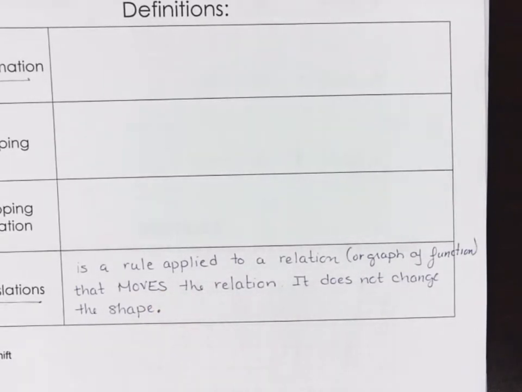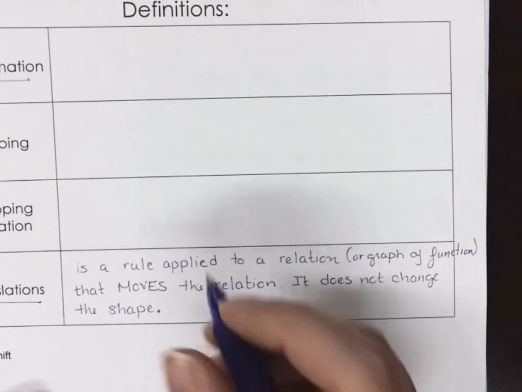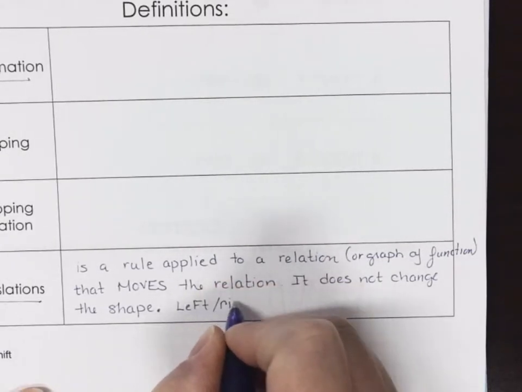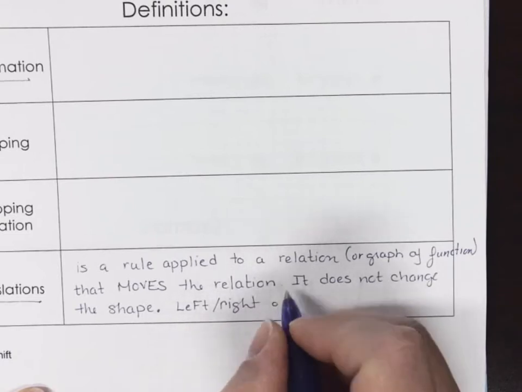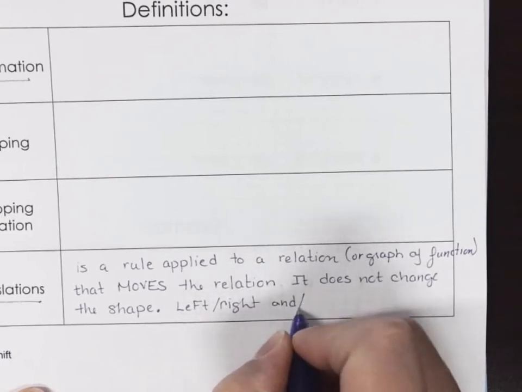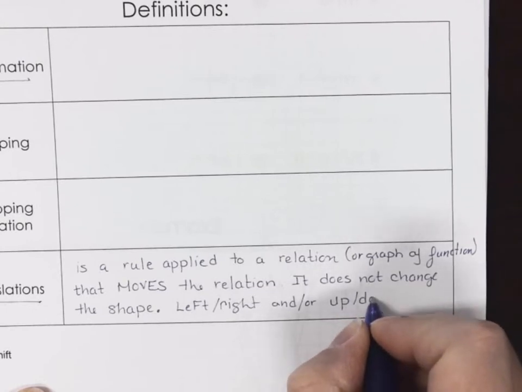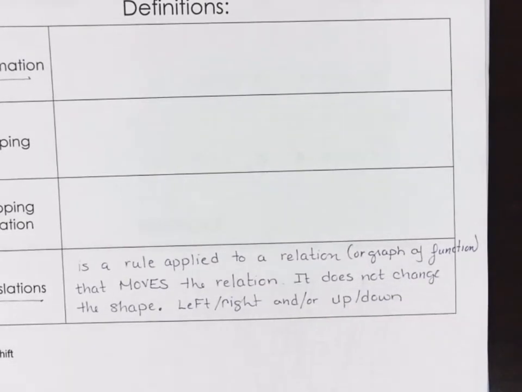So the graph itself looks exactly the same, but its location on the coordinate plane isn't the same as the original. So you can move left or right, and this is an and/or, because you can do multiple transformations at once. And that's what's going to be the difficult part. Okay, so translation is the easiest, because it's about moving.